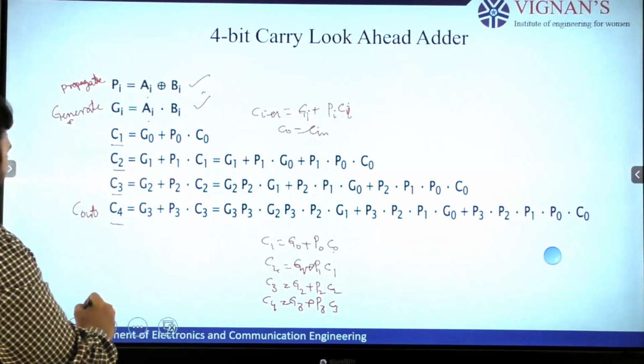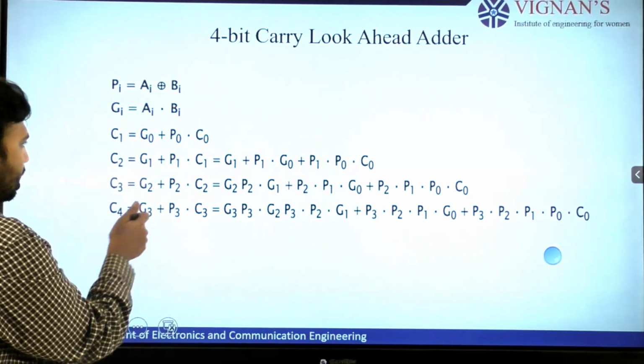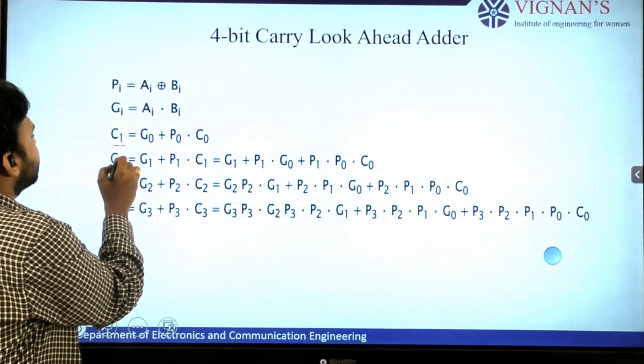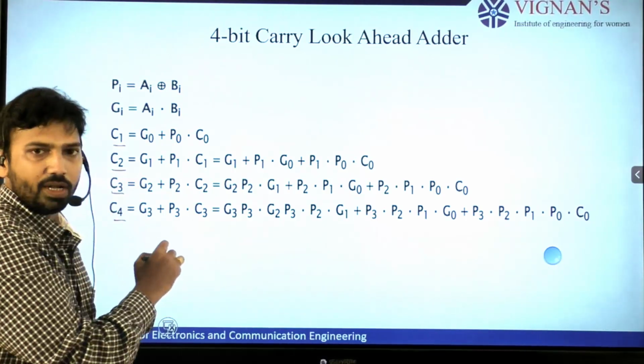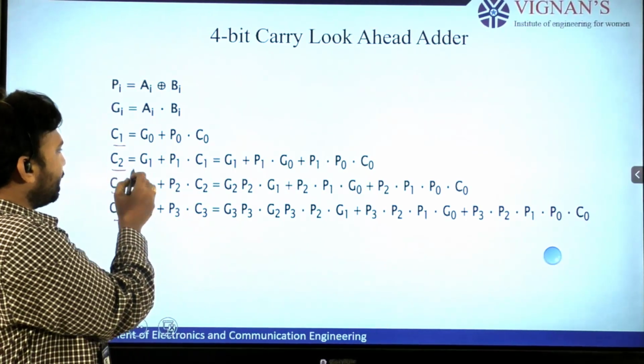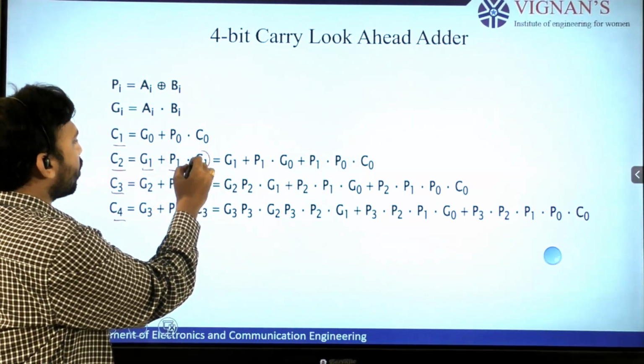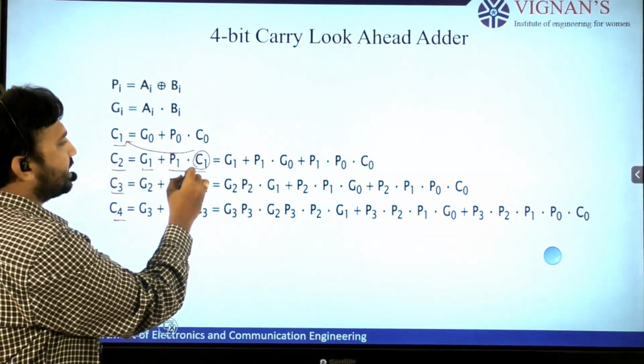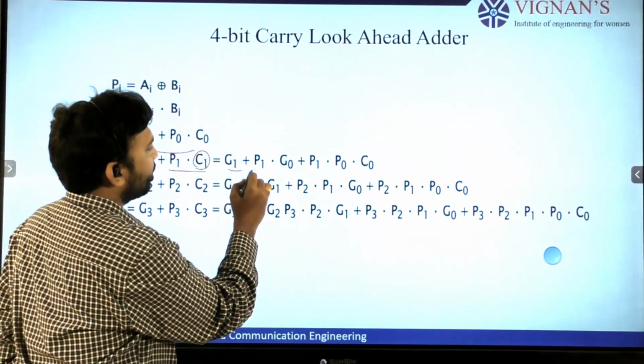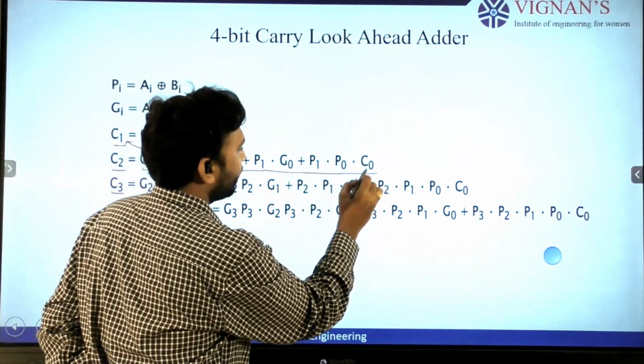Now, if you see all the equations, C1, C2, C3 and C4, after evaluating, if you see C2, it is nothing but G1 plus P1 into C1, as C1 is already evaluated earlier. So if you substitute C1, we will be getting G1 plus P1 into G0 plus P0 into C0.